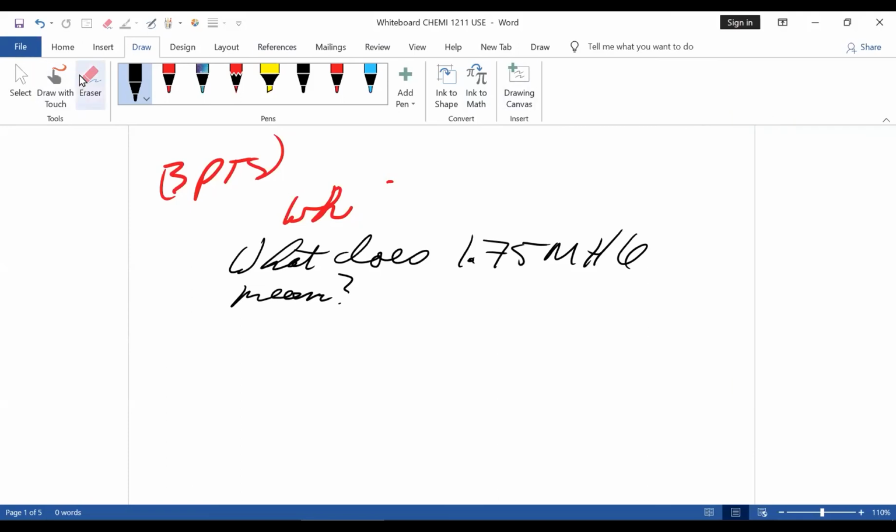1.75 mole, capital M, HCl mean? Good question. Whenever you see capital M, that means molarity.